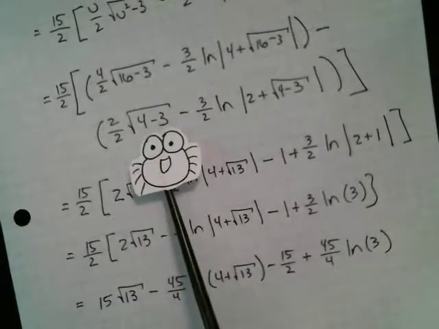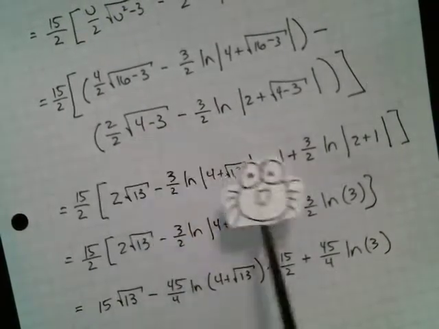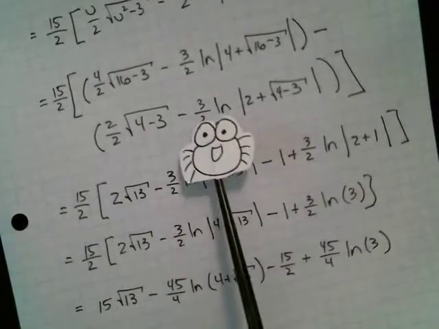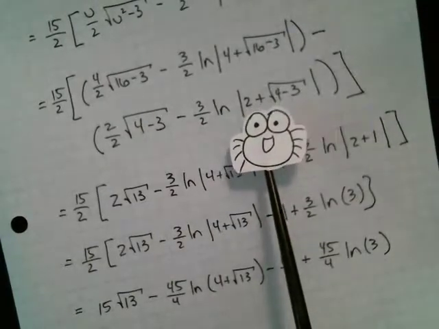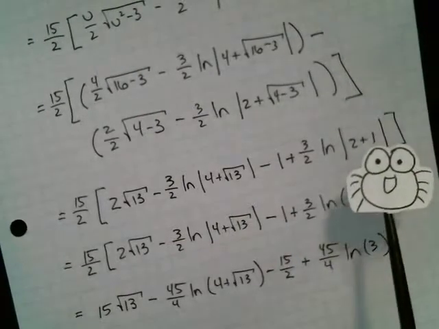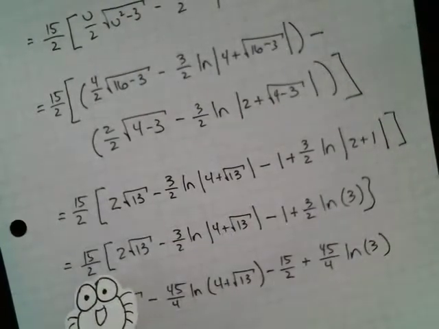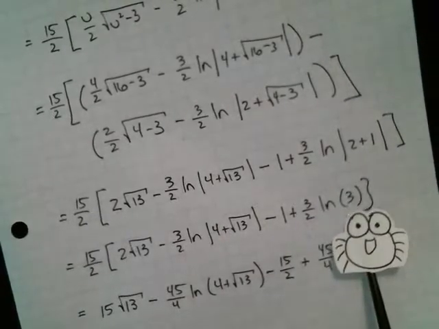Square root of 4 minus 3, or radical 4 minus 3 is 1. 2 over 2 is 1. 1 times 1 is 1. 3 halves, and then this guy, the only thing I can simplify is I've got 2 plus radical 4 minus 3, that's 1. Then I went ahead and simplified. I added some things together. You'll notice the 2 plus 1 became 3 down here.